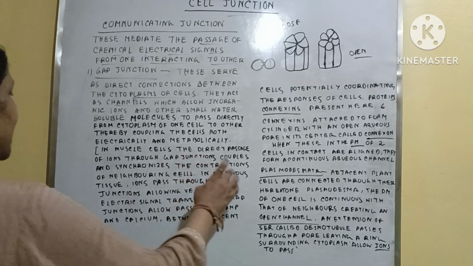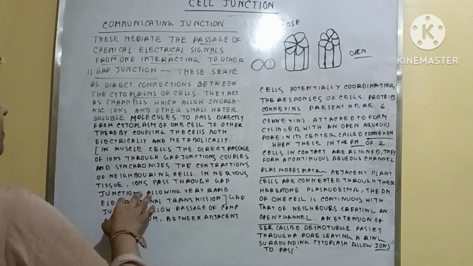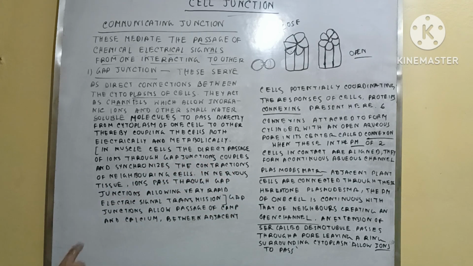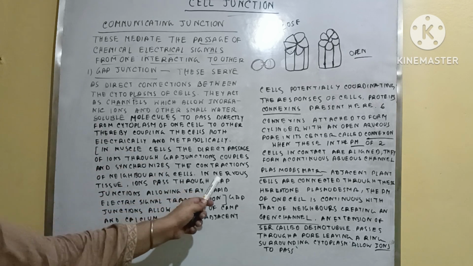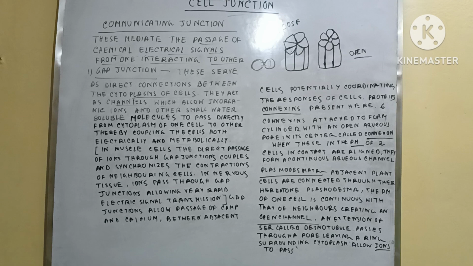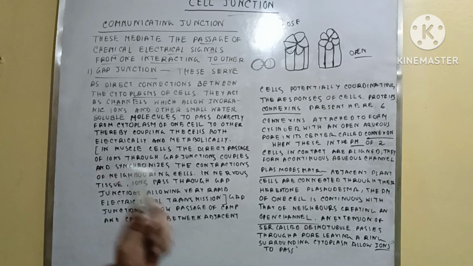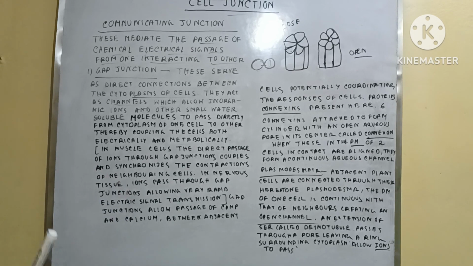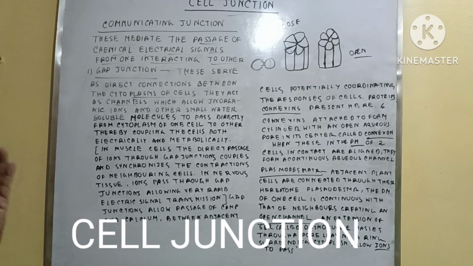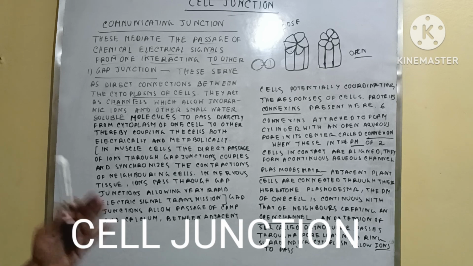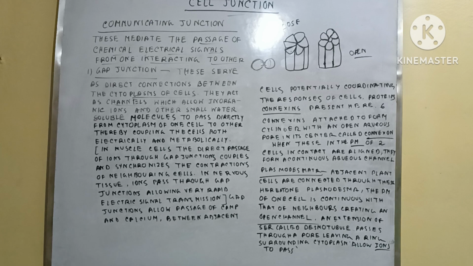In the nervous tissue, ions pass through the gap junction, allowing very rapid electrical signal transmission. The same situation is seen in nervous tissue because nerve cells are connected through gap junctions, so ions can pass continuously from one cell to another, and the transmission of the impulse can pass without any interruption from one nerve cell to another nerve cell.